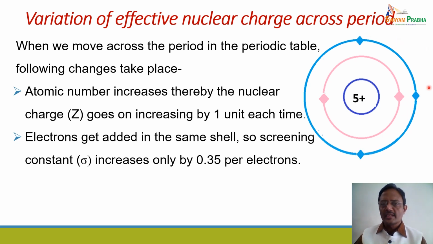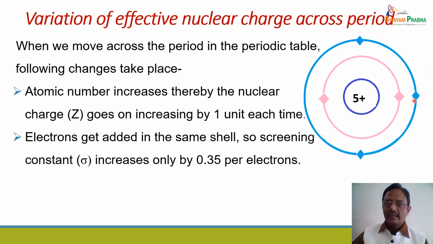When we move to the next element, boron, the atomic number increases to 5. The positive charges in the nucleus become 5 and the electrons are again 5, with 1 electron added to the same shell.